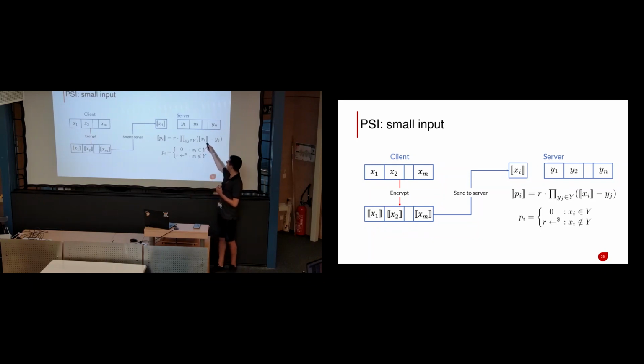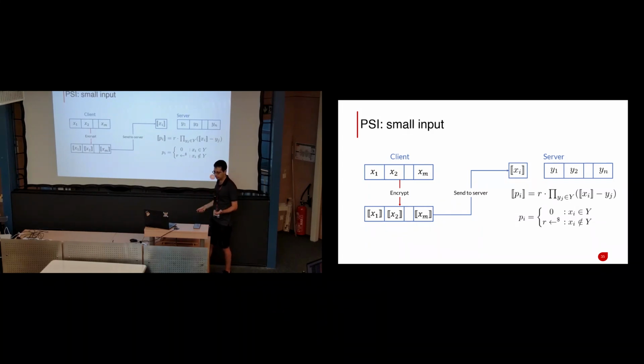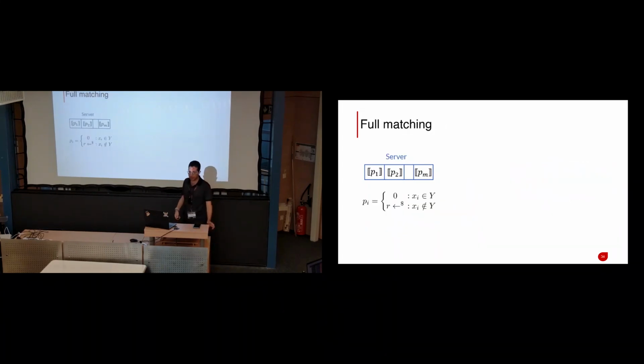If the client input is inside the set, one of these terms is going to be 0, and we are going to have a 0 p of i. Otherwise, due to this randomizer r, we are going to have something completely random. We can repeat the same process for all client elements and get a set of p_i values.